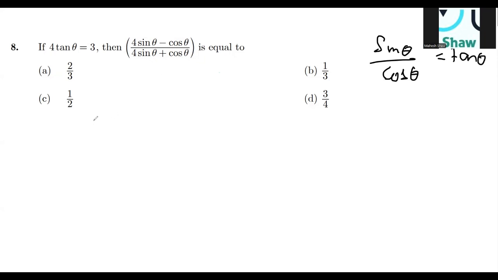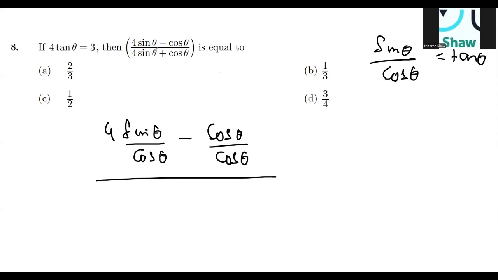I'm dividing the numerator and denominator by cos. So it's going to be 4 sine theta over cos theta, minus cos theta over cos theta.